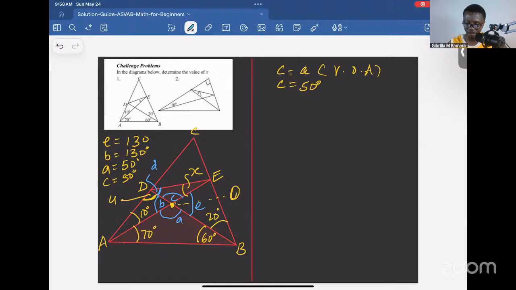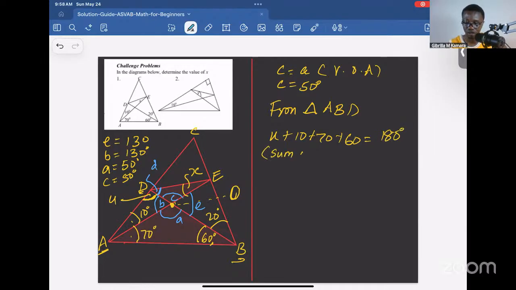We know that from triangle ABD, so this is A, B, and D. Look at it here. U plus 10, so this 10 and this 70 and this 60 form a triangle, right? The sum of angles in a triangle equals 180 degrees.